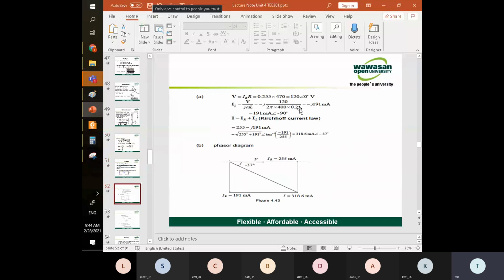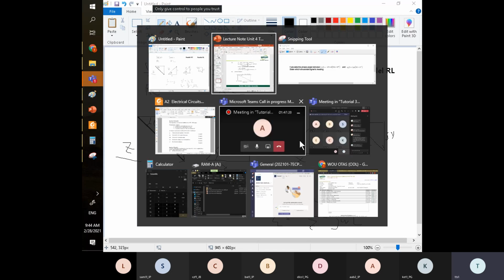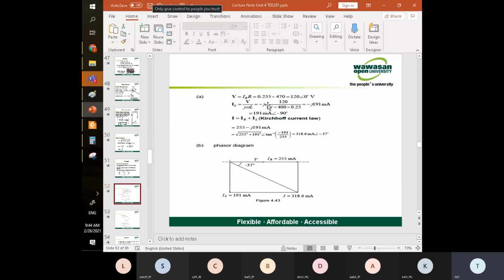And the J is at the denominator. When you convert, 1 over J is equal to minus J. This one probably you don't know yet. So this is where the minus comes from. After you work out this number, you find it is 191 milliampere.